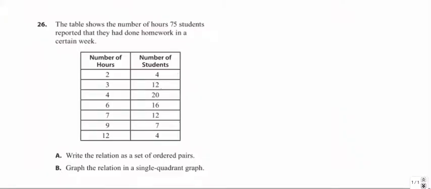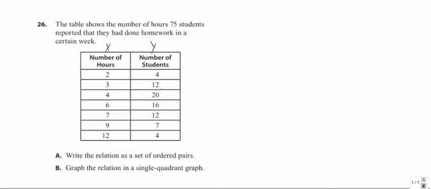Okay, how about a word problem from relations, right? Problem number 26. The table shows the number of hours 75 students reported that they had done homework in a certain week. Number of hours, number of students, right? Write a relation as a set of ordered pairs. Okay, well, this should be easy for all of us, right? How about using x for the first one, y for the second one?